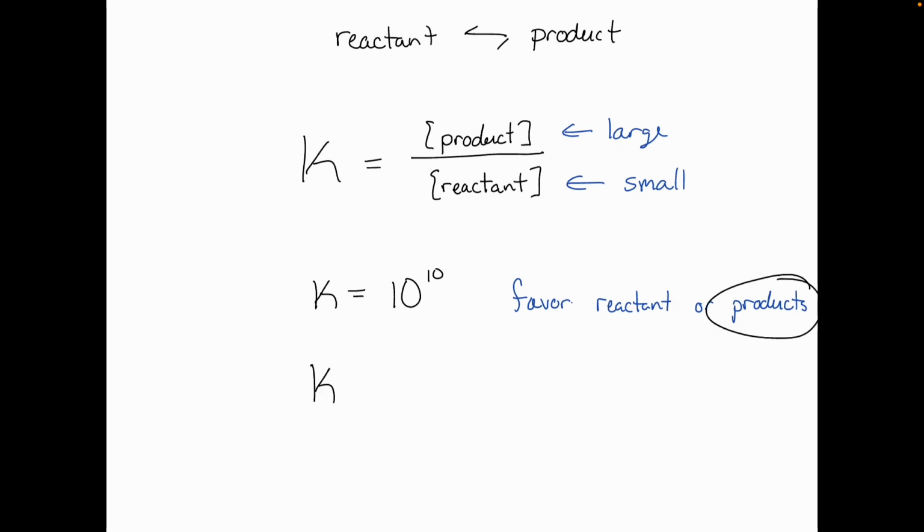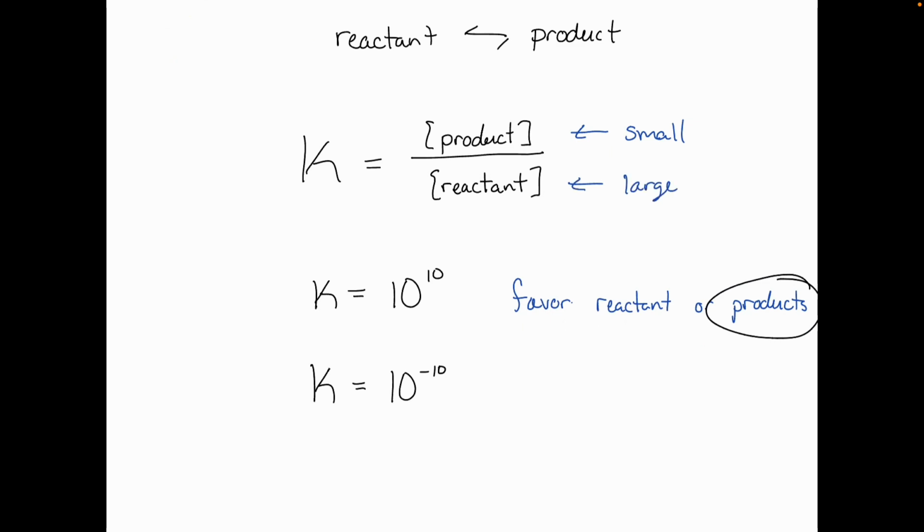And what about if it was the opposite? My value for K was 10 to the negative 10. Is that a reaction that's going to favor the products or the reactants? The reactants, right? The exact opposite argument. So now this is very small. My numerator is very small, and my denominator is very large.